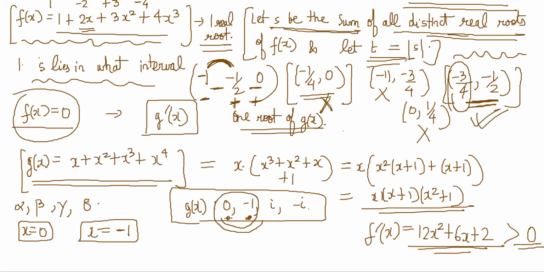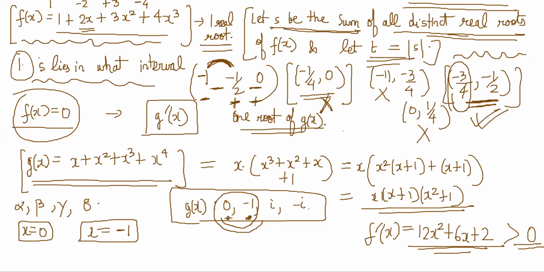You cannot find it directly unless you can guess it. If you know ways to solve a cubic, you can find it, but right now you cannot. The first question we answered without finding the root. If you can guess the root, good for you, but otherwise it's not necessary that you are able to find it.